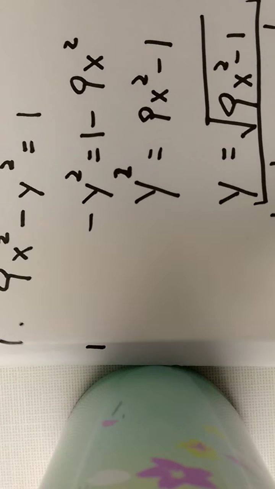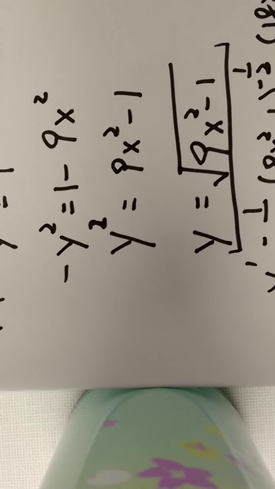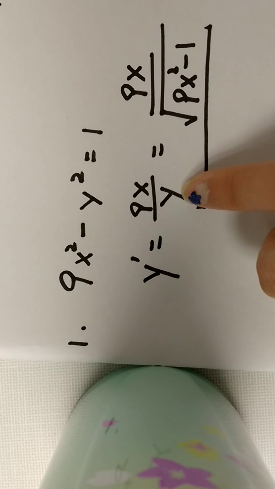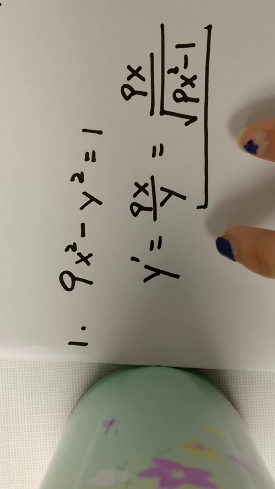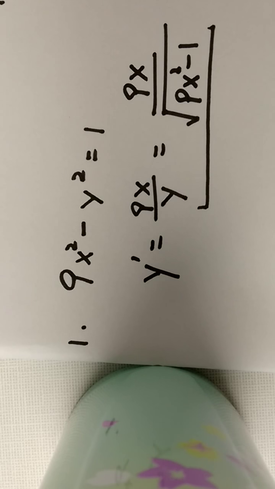As we have found in part B that y equals the square root of 9x squared minus 1, we just substitute the expression of y into this, and we get that the solutions we found in A and B are equal.